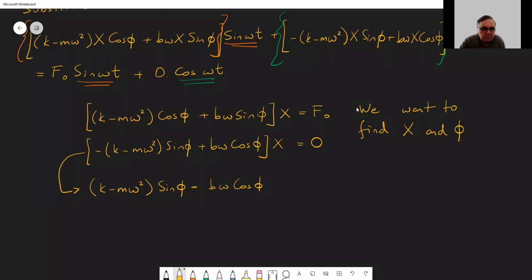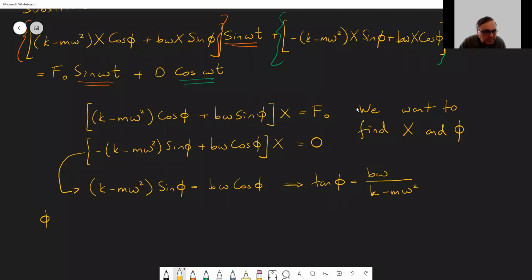X is not important, it can drop here. So we can find sine phi over cosine phi, tangent phi, therefore, is equal to b omega over k minus m omega squared.